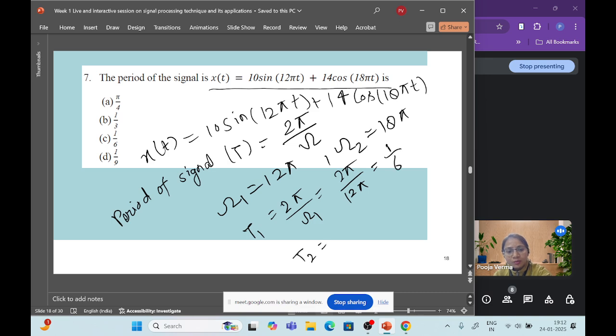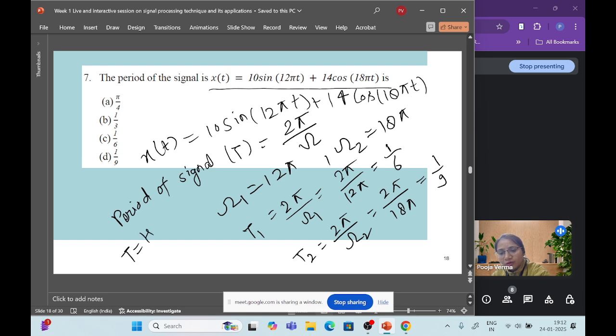T2 will be 2 pi by omega 2, that means 2 pi by 18 pi, you will get 1 by 9. So what will be the fundamental time period T?